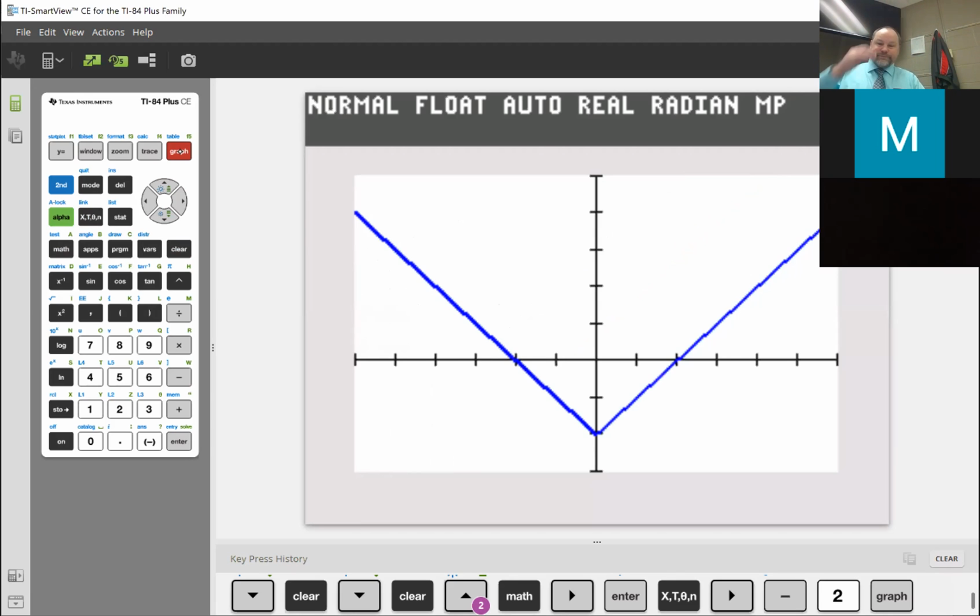And we'll graph that one. And let's put that in our notes.